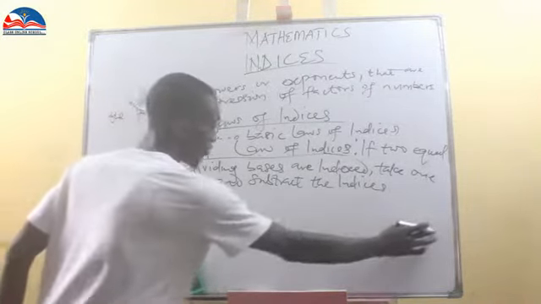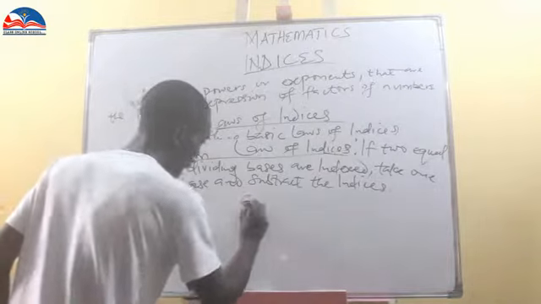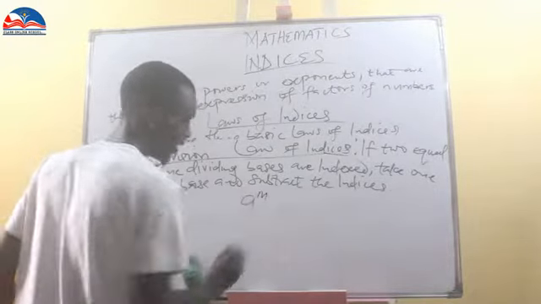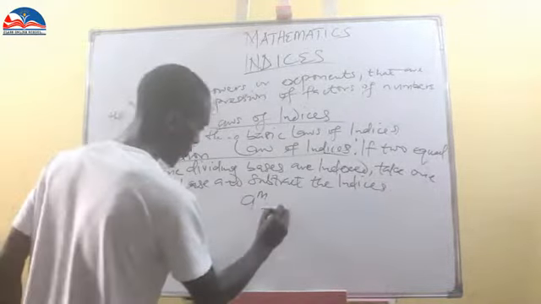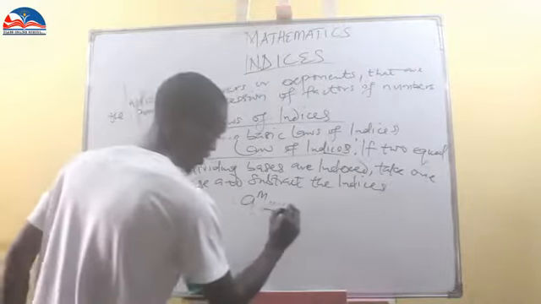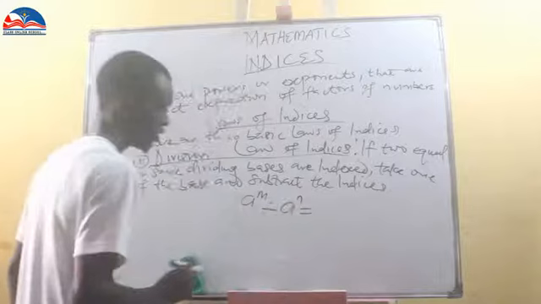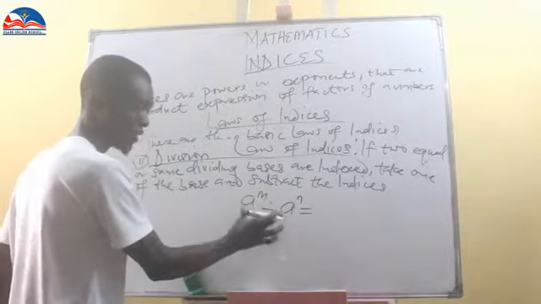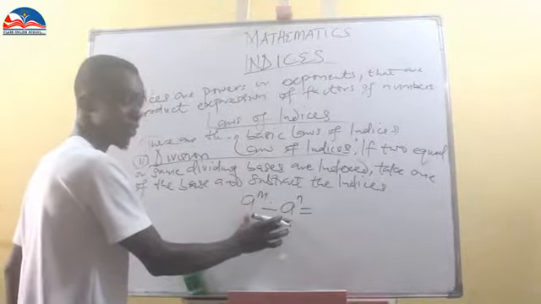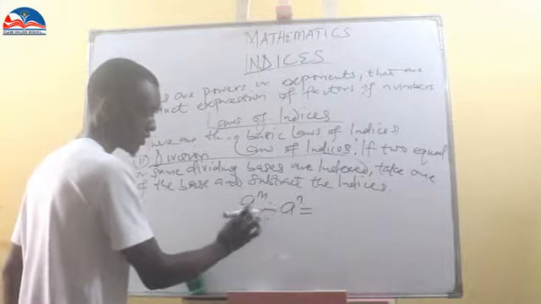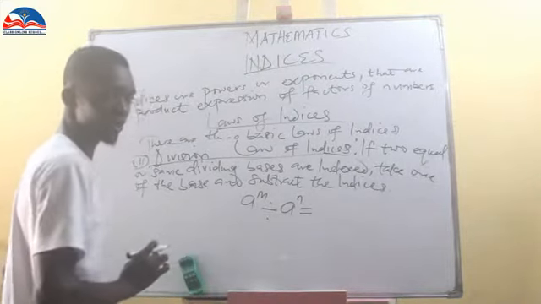Okay, so this follows that A index m divided by A index n is equal to, look at, the two dividing bases are equal or the same. You see?